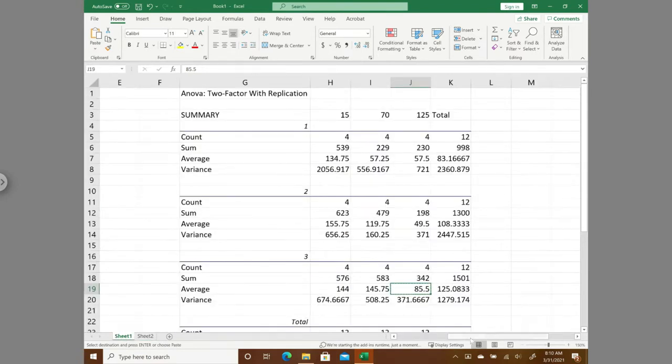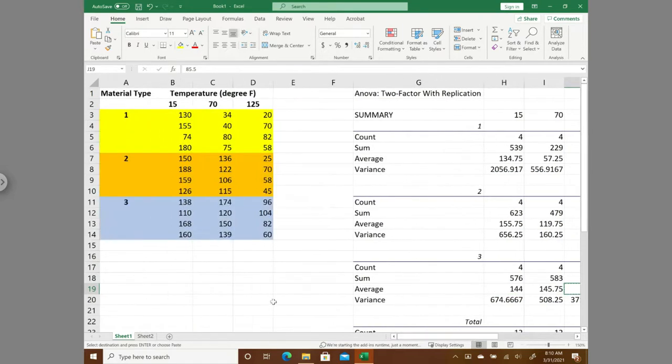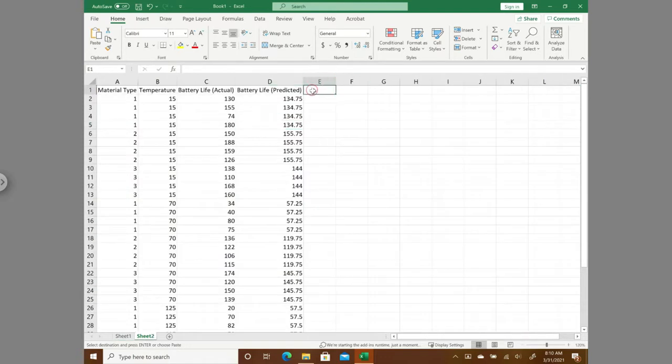So again, as I said before, we are checking the assumption that our residuals from this data are normally and independently distributed with a constant variance. So first we need to calculate residual errors. Residual error, or error, means the difference between actual life and predicted life.